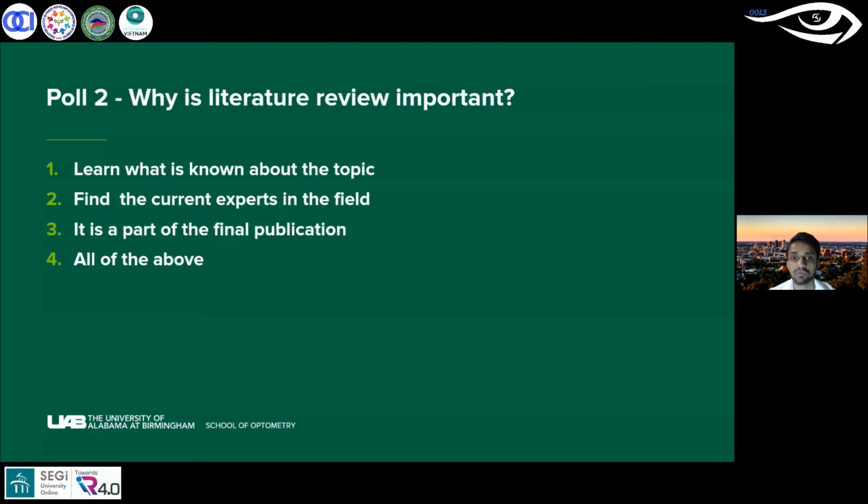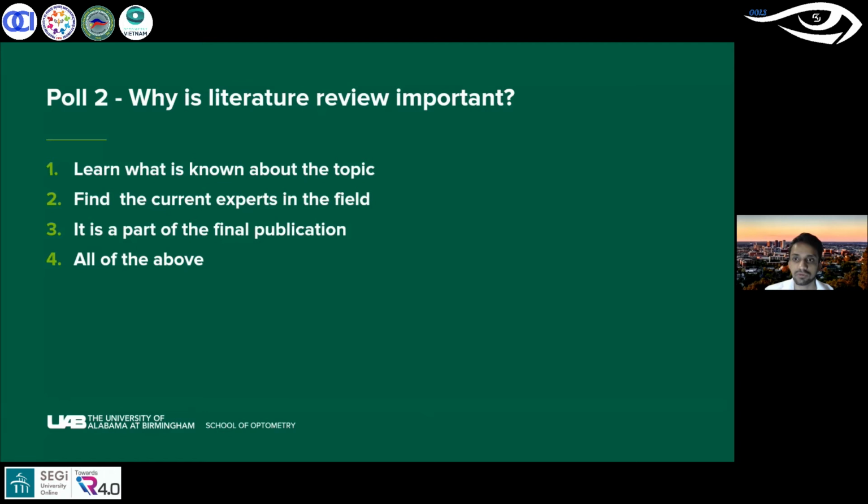So we want to know what is already known, so we can ask the next question or find the missing link or the next need for the people or patients, and also find the current experts in the field. This is important, especially if you're not in an academic setting and you have a limited scope of advisors.